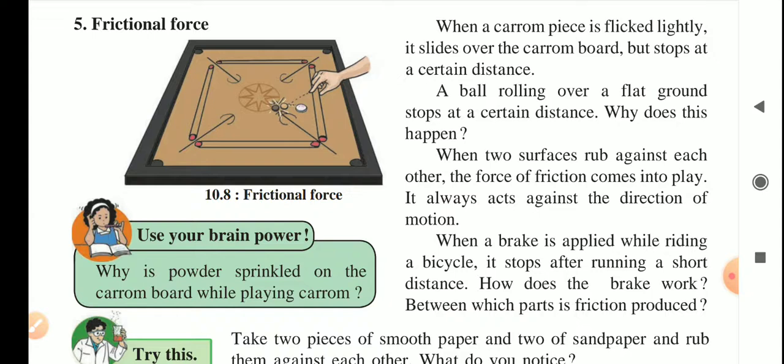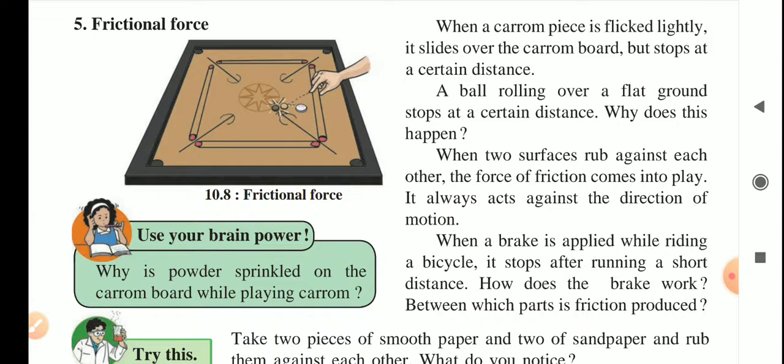So there will be a frictional force, and the frictional force always acts in the direction opposite to the direction of motion. It always acts against the direction of motion. So that's why the football and the carom piece stop after a certain distance, right?